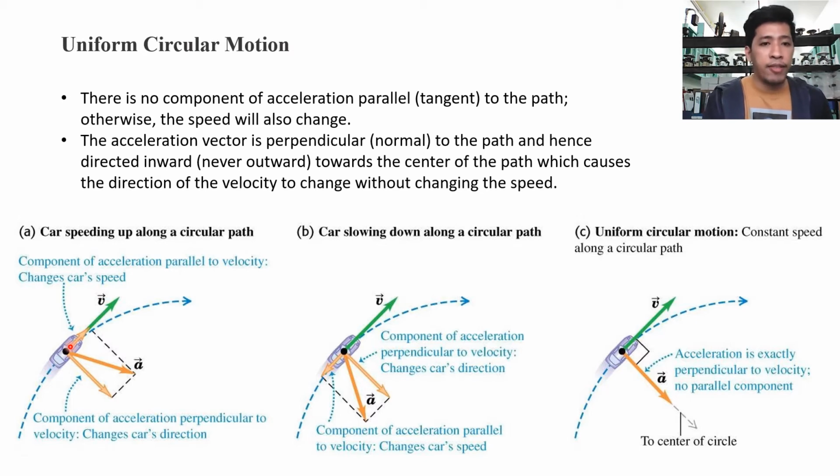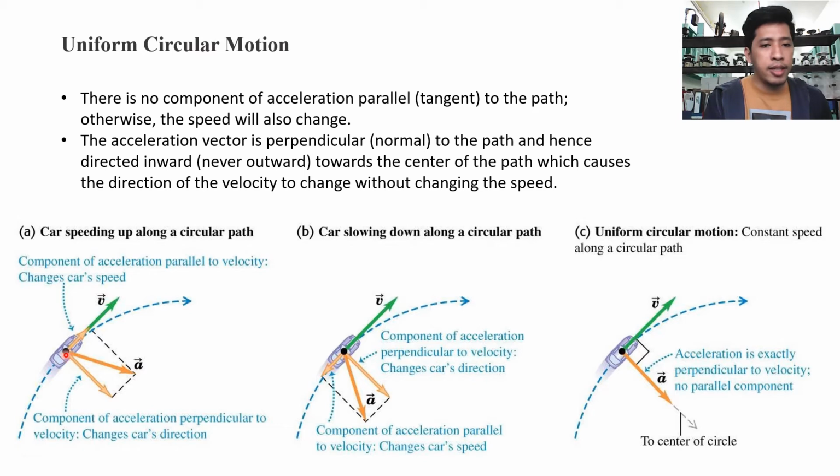Now, since the velocity changes, there should be an acceleration of the body. However, this acceleration has the direction which is directed inwards to the path or towards the center of the path. And this acceleration is perpendicular to the path at any point. Say for example at this point here, perpendicular or normal to this path at 90 degrees is this one here.